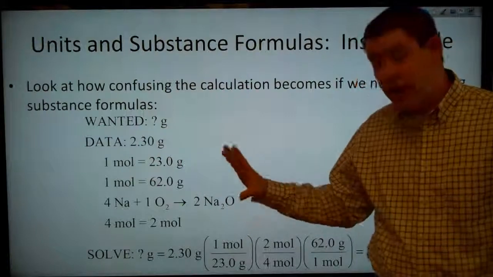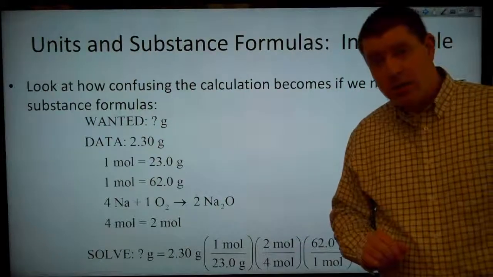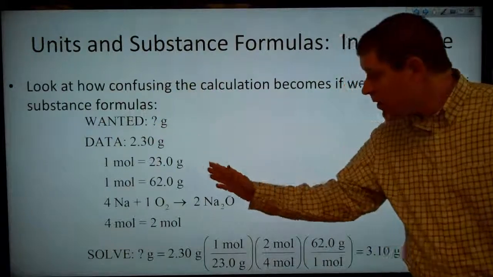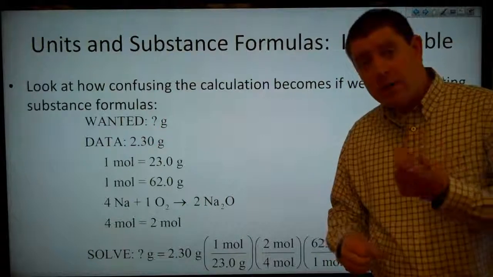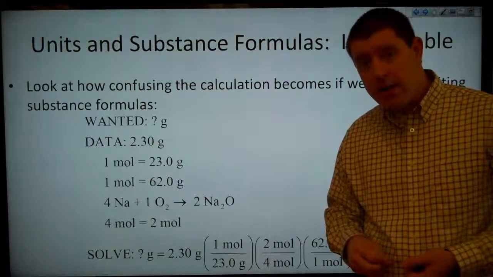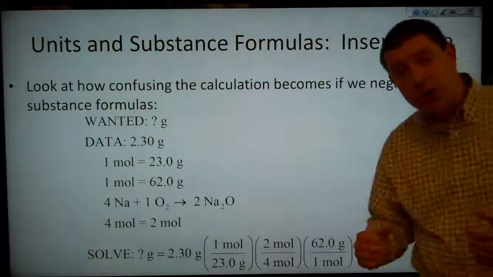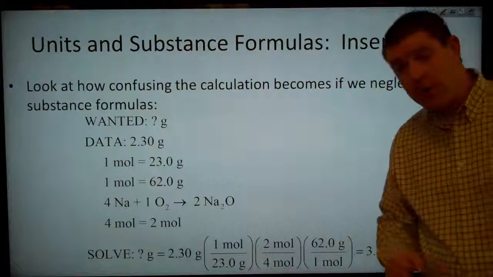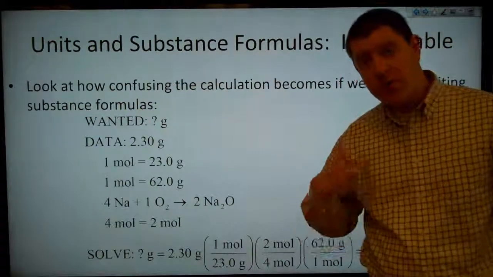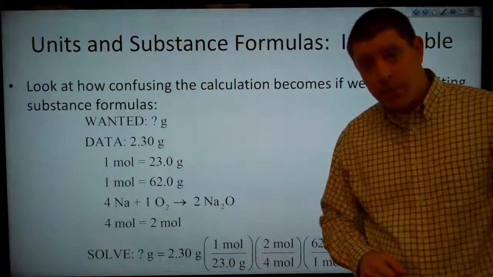Yes, it takes more work to write out a little bit more when you're plugging in the substance formulas here after your unit, like grams, but it will end up saving you a lot of time in the end by not having cases like this where you don't really know what it is that you're doing. Because if you've got your substance formulas in there, you're more likely to be able to keep track of what it is that you've done already and where it is you need to go.